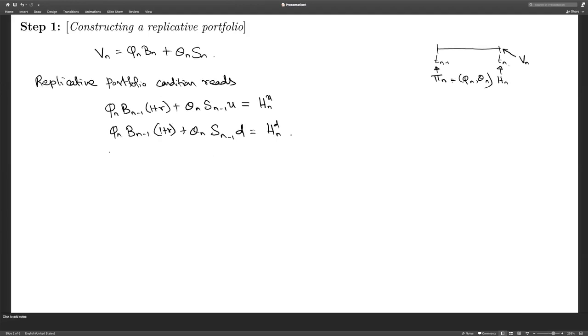Since we have assumed the no arbitrage condition, you can see that the left-hand side matrix in this linear system is invertible, and therefore we have a unique solution.